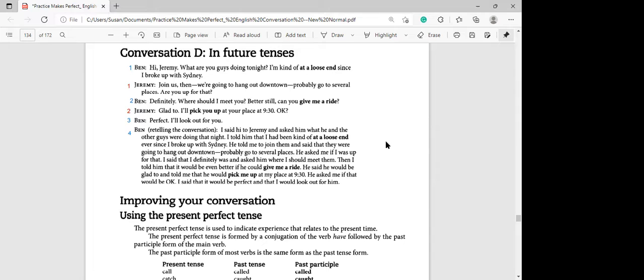I said that I definitely was and asked him where I should meet them. Then I told him that it would be even better if he could give me a ride. He said he would be glad to and told me that he would pick me up at my place at 9:30. He asked me if that would be okay. I said that would be perfect and I would look out for him.